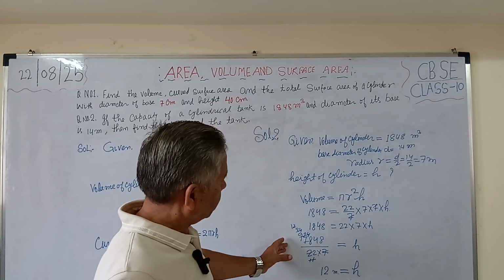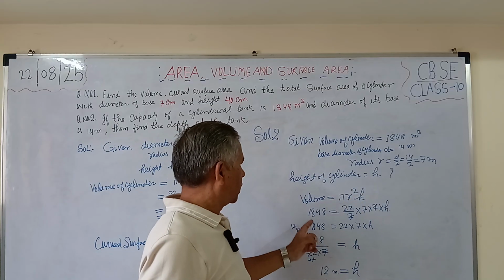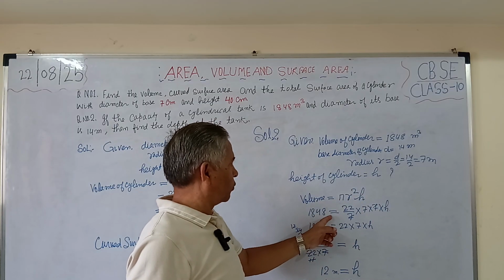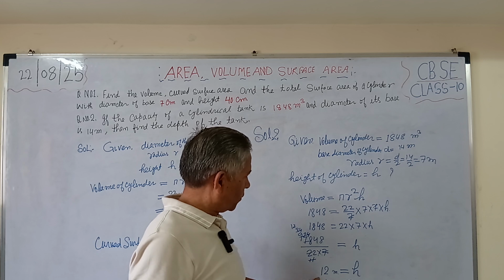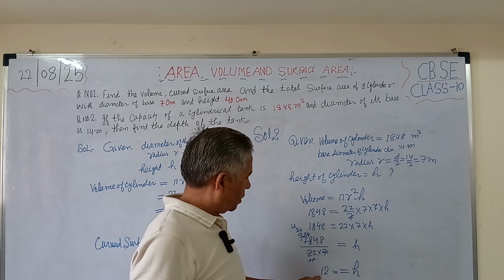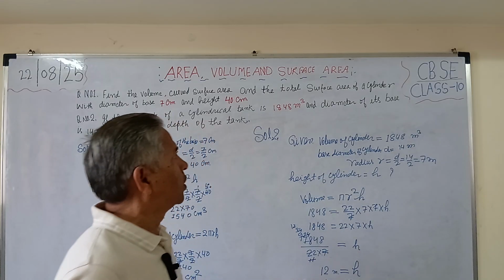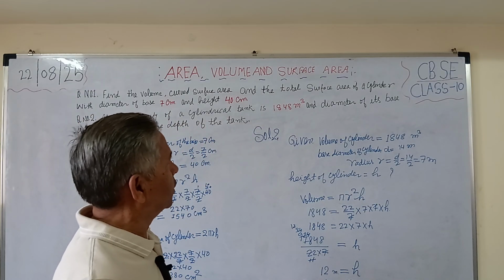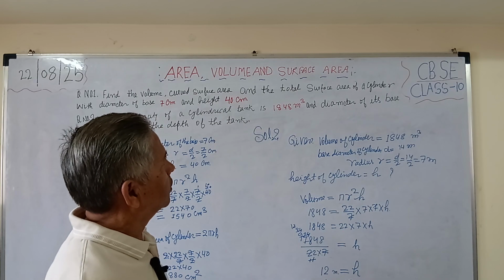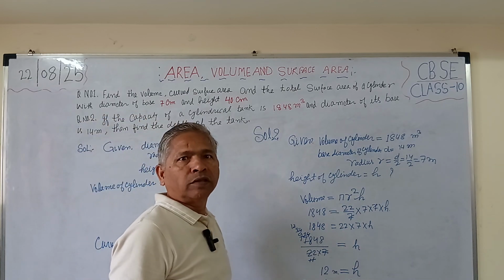So in this way we will apply the formula, pi r square h, 1848, and after solving this we get the height of the cylinder is 12 meter. So if the volume is given and we have to find out the height and radius is also given, then this way we can solve the formula.